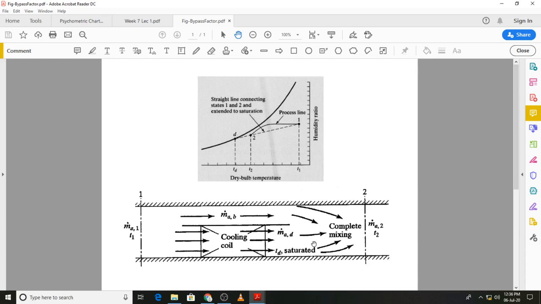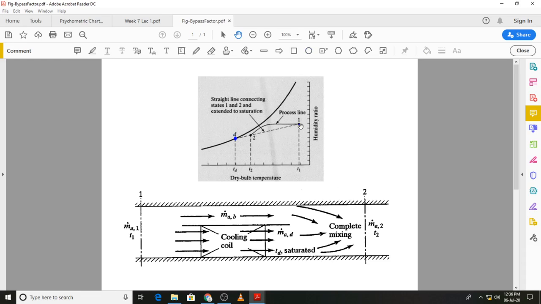M dot A is at a temperature T1. You can see over here, this is M dot A over here. And the other stream is at a temperature TD.